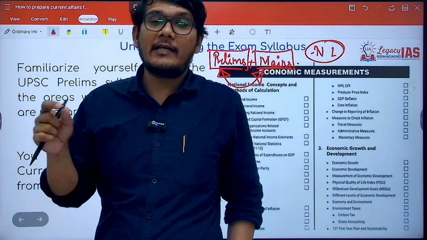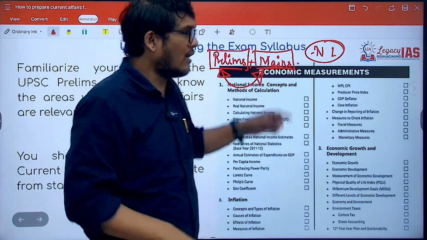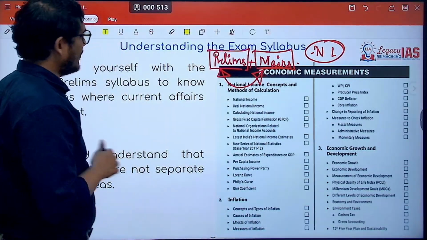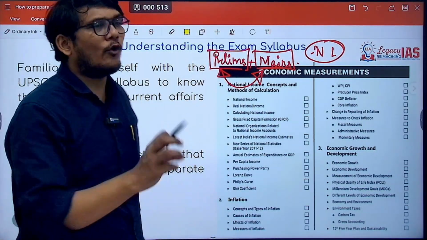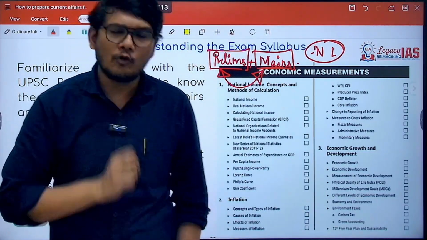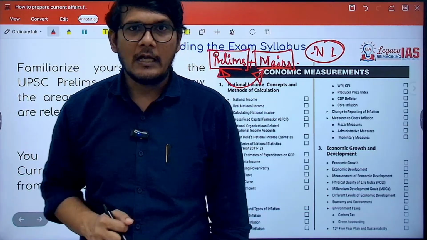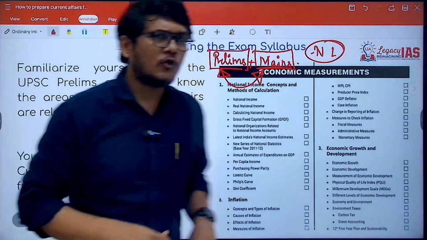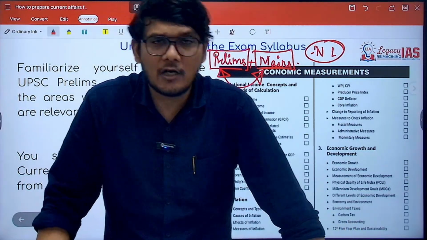So you will need to take into consideration even the mains syllabus as well. Even if you take that syllabus into consideration, still you will find only a few words, for example, inclusive growth, self-help groups, and so on and so forth. Then from that, how can you extrapolate all the topics that can be asked in economy?